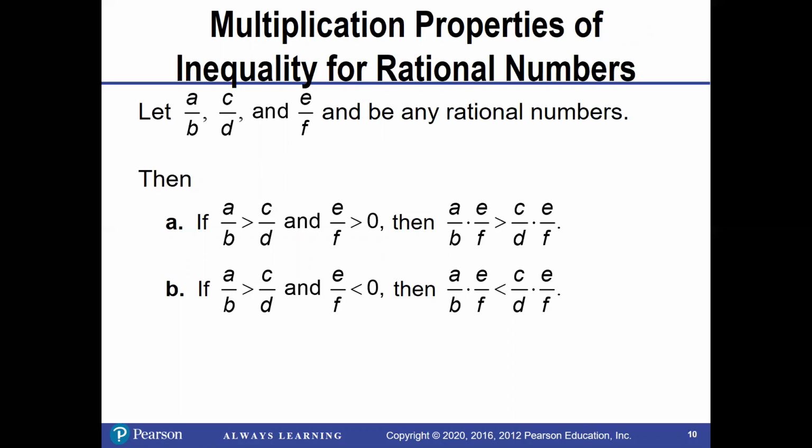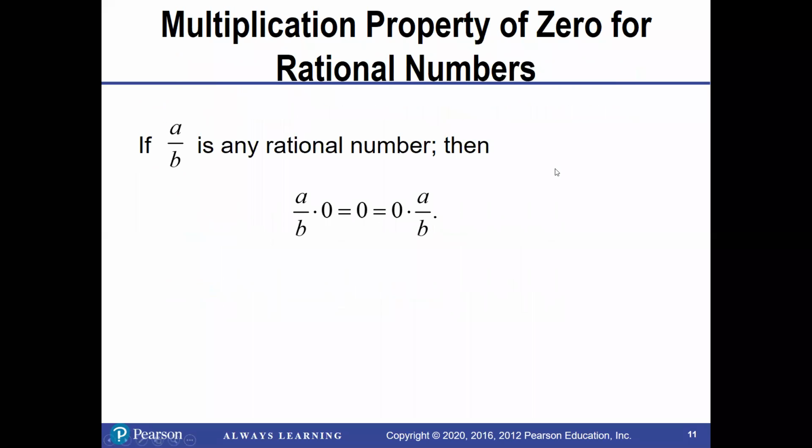If I have two rational numbers, say this one is greater than this one, and I multiply by a positive, then the left side is still going to be greater than the right side. If I multiply by a negative, notice the symbol switches, and that's the inequality rule. So that does still apply. The property of zero still applies: multiplying rational numbers by 0 still gives you 0. Same old rule.